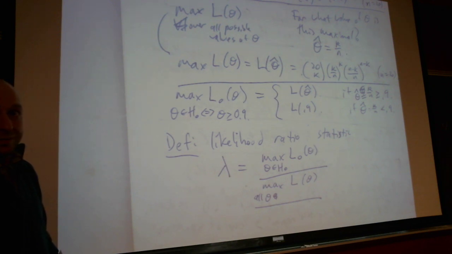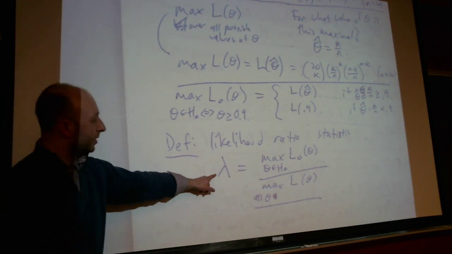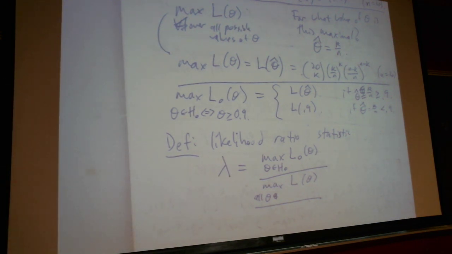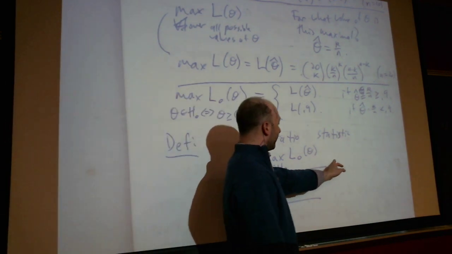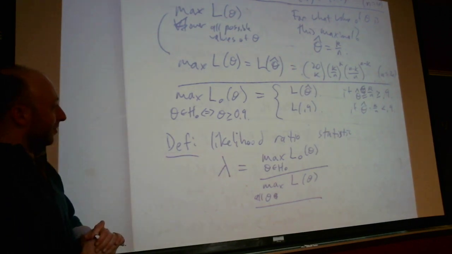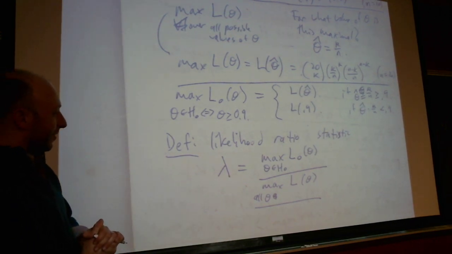Is that a lambda? That's a lambda. So that's the likelihood statistic. And a critical region for the likelihood test is to capture this thing being bigger than some constant or less than some constant. We're not going to have time for that.